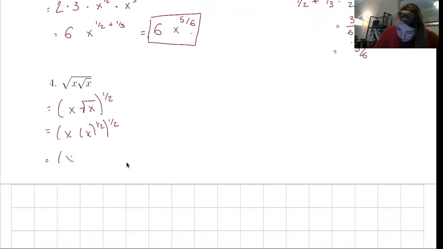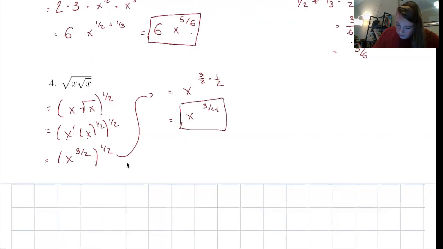So this is x, that's like x to the 1. So bases are the same, exponents add, so 1 plus 1/2. Really quickly, that's 3/2. And then I still have this on the outside. So then those will multiply to be 3/2 times 1/2, which will give me a grand total of 3/4. Oh, sorry, x to the 3/4.